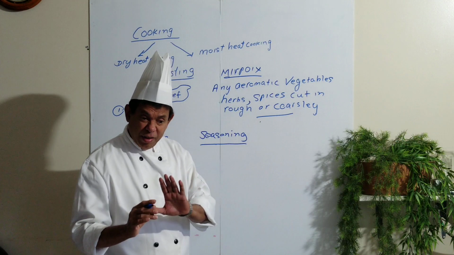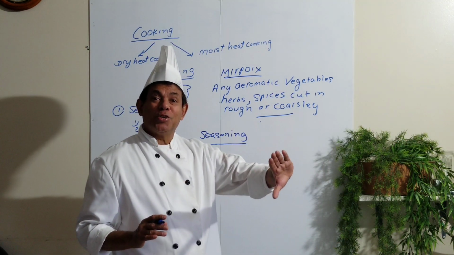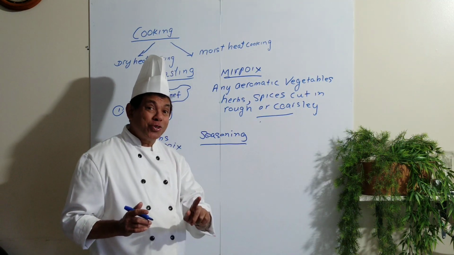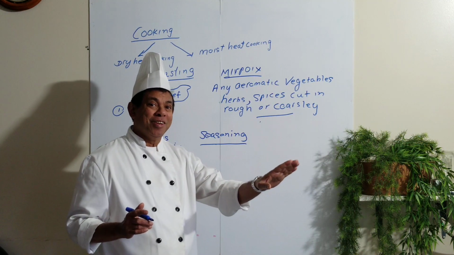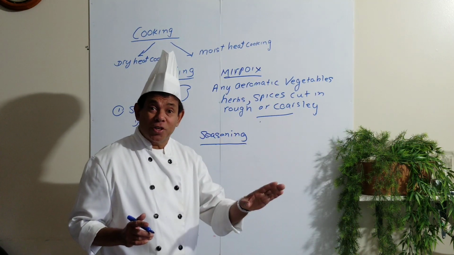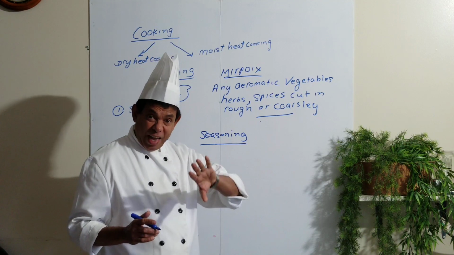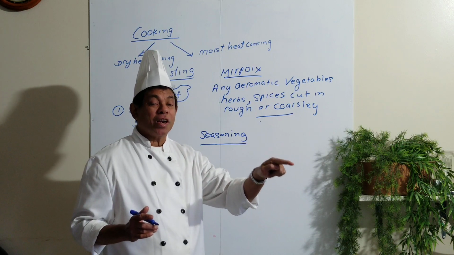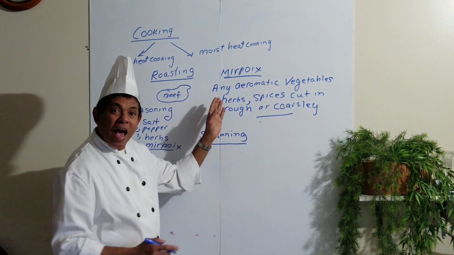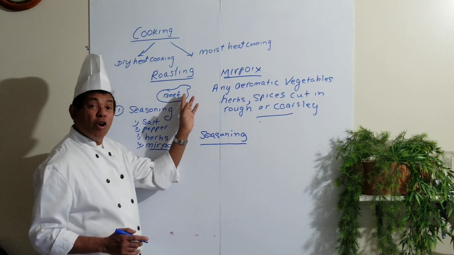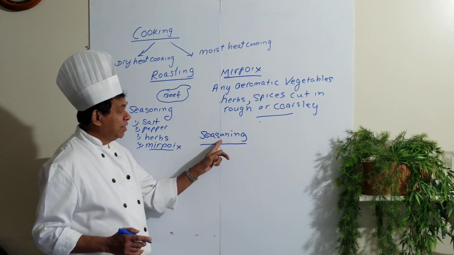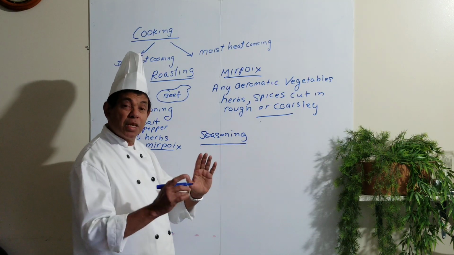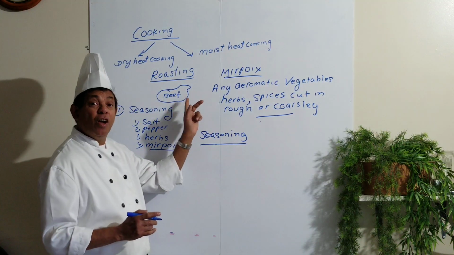It means we are supporting the flavor increase, but we are not allowed to damage the flavor of the meat or any item we are going to cook. Seasoning means we enhance the flavor only, no damaging its original flavor. If the beef has its original flavor, we cannot damage it by putting seasoning. We give support to increase the flavor of the beef only.